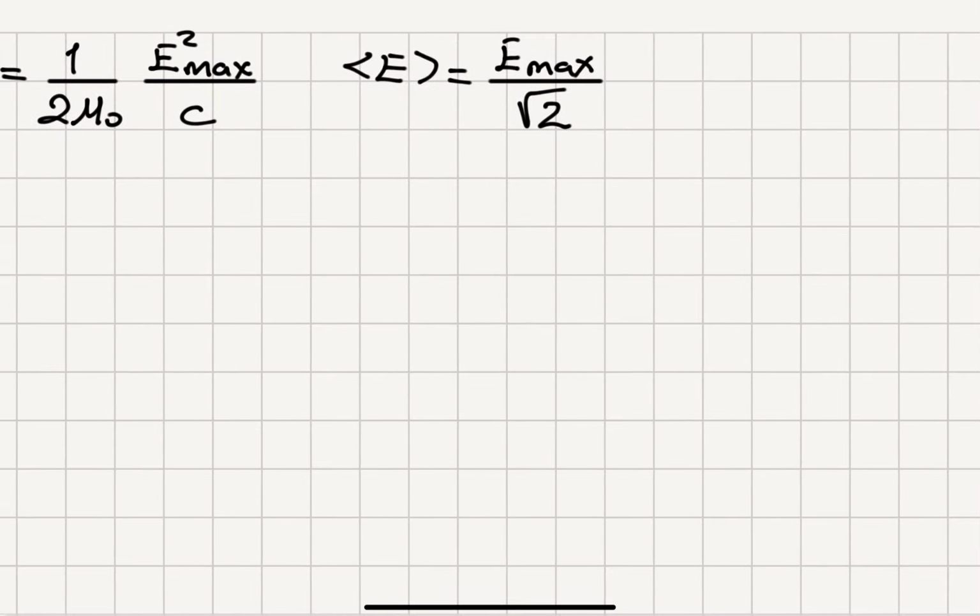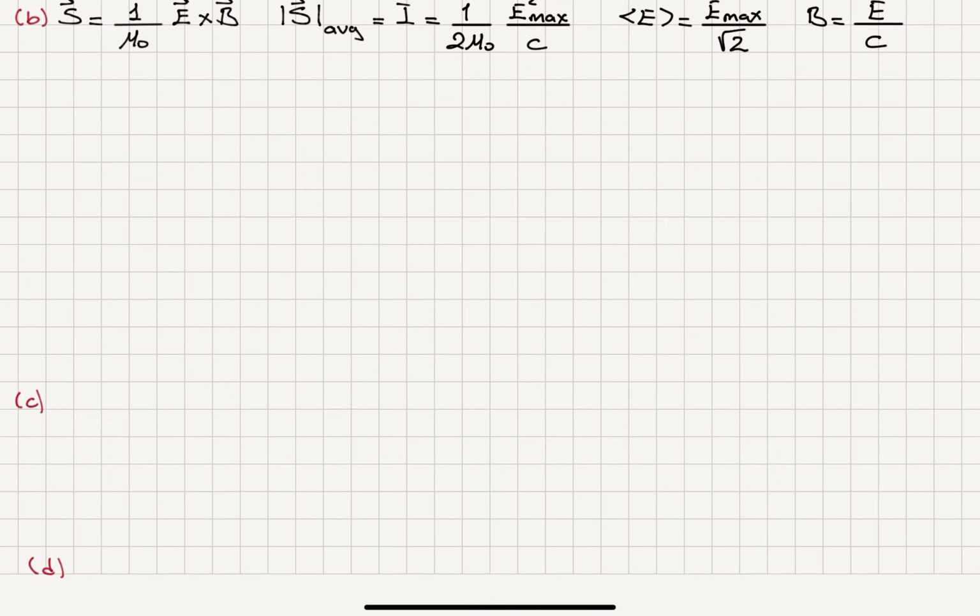And B, the magnetic field, is the electric field component divided by c. That's what we obtained from Maxwell's equations.